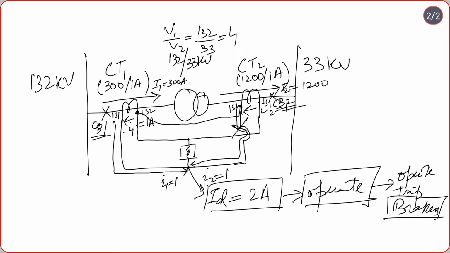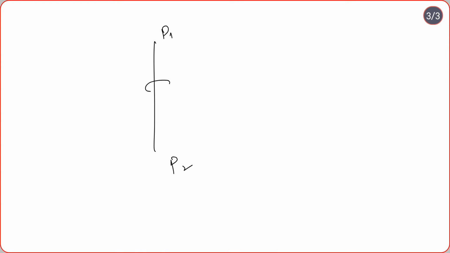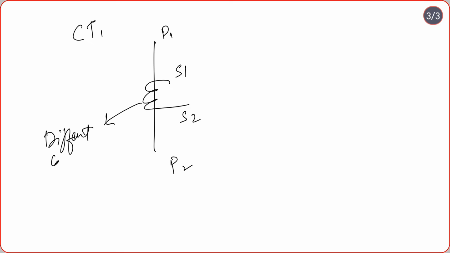I'll explain a little more about this. If we have a CT, this is the primary, this is P1 and P2, and we have its secondary, it is S1 and S2. Let us say this was our CT1 and this is our differential relay, and we have our CT2, it's like this.